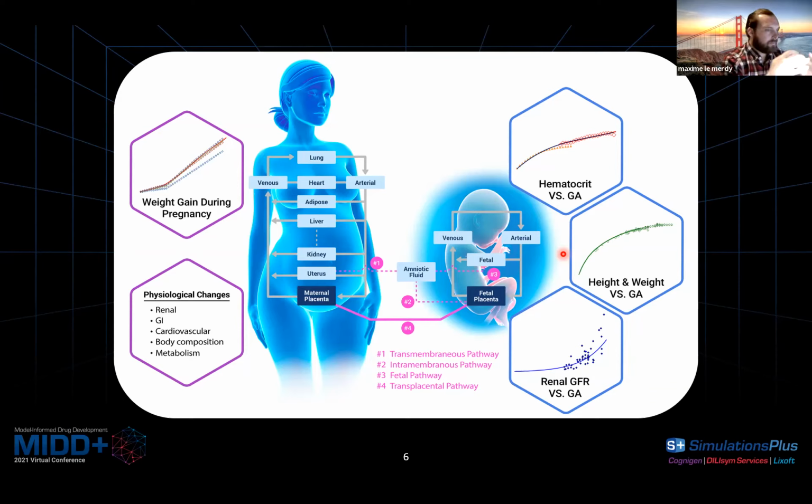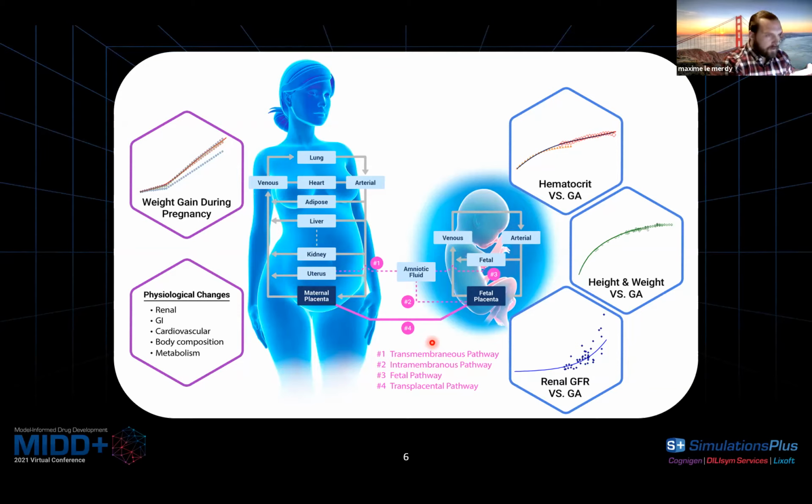And the fetal PBPK model is connected to the maternal by 4 pathways that are listed here. I'm not going to read all of them. They have different impact on the transfer of the drug between the maternal and the fetal side at different stages of pregnancy.